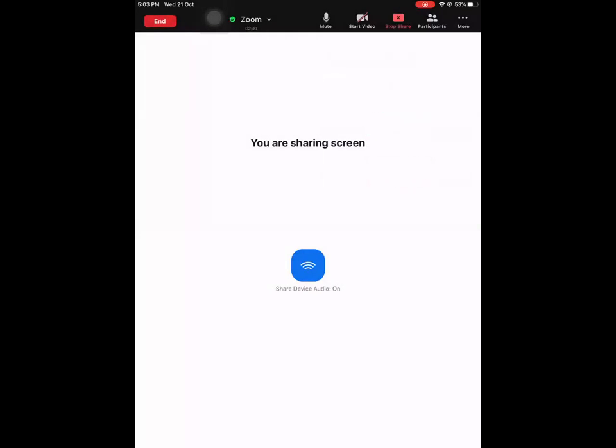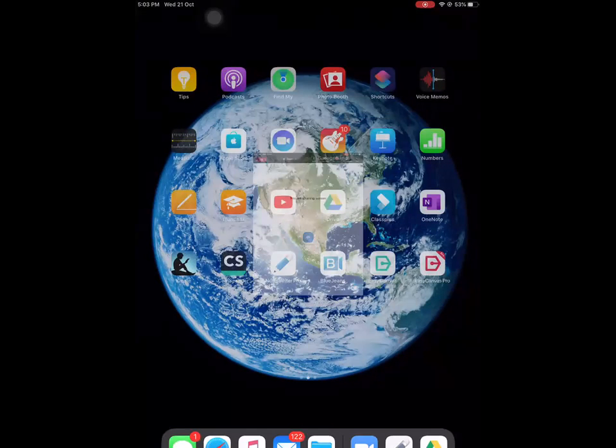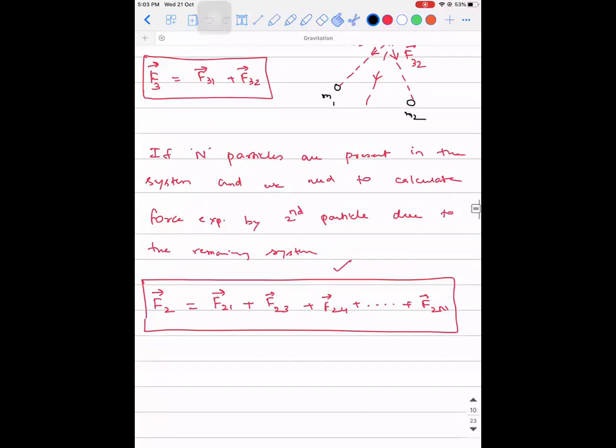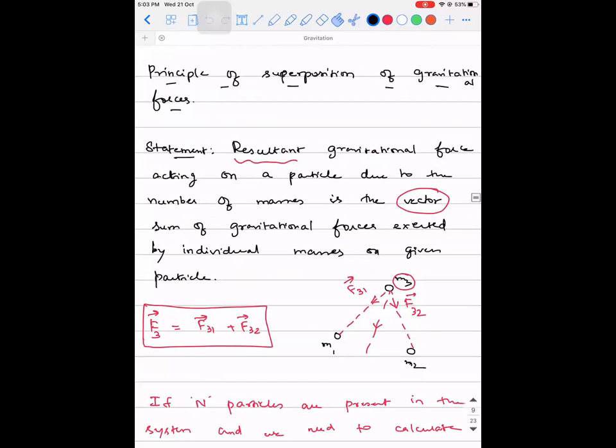So yesterday we were discussing the basics of gravitation. Then we started with the concept of principle of superposition, right? So we saw what is the principle of superposition of gravitational forces.